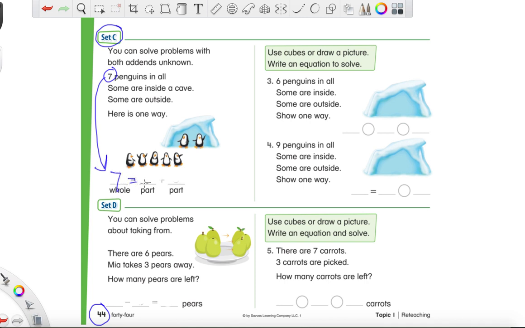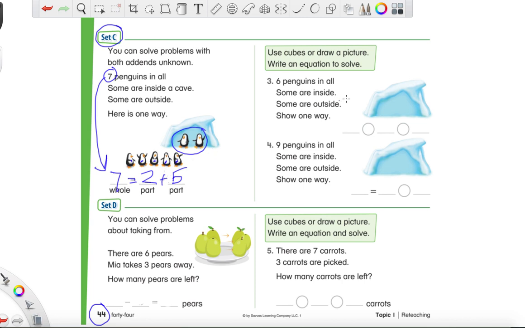And all they want us to do is break it down into parts. The one part that they showed us was 2. We have 2 inside of a cave. Then we have 1, 2, 3, 4, 5 on the outside. So we could say that one way to make 7 is 2 plus 5.